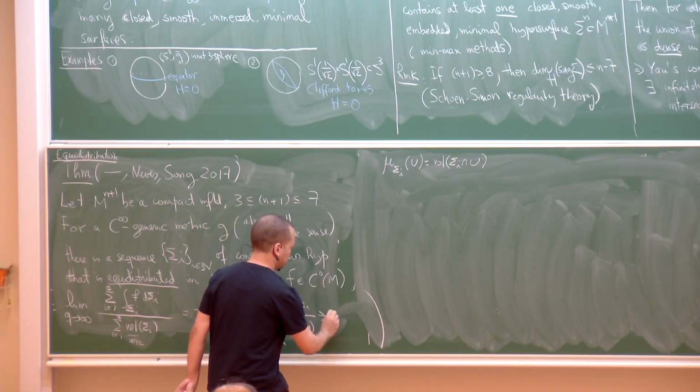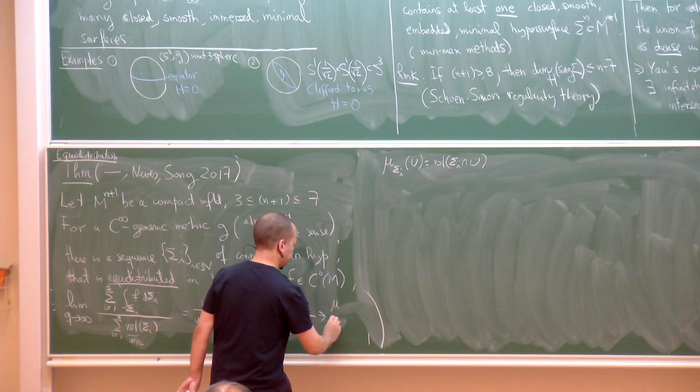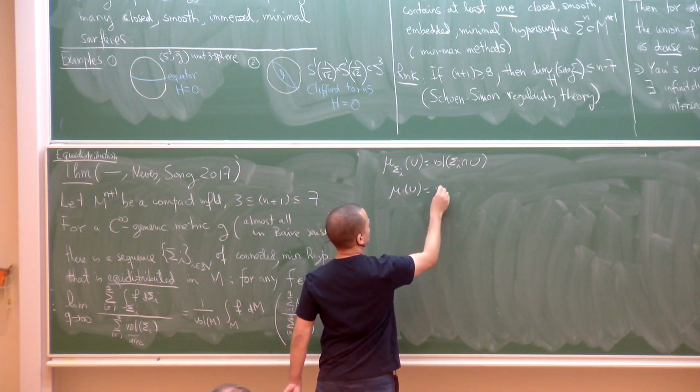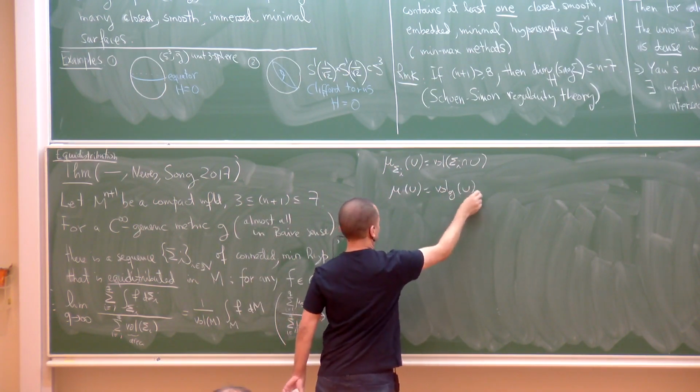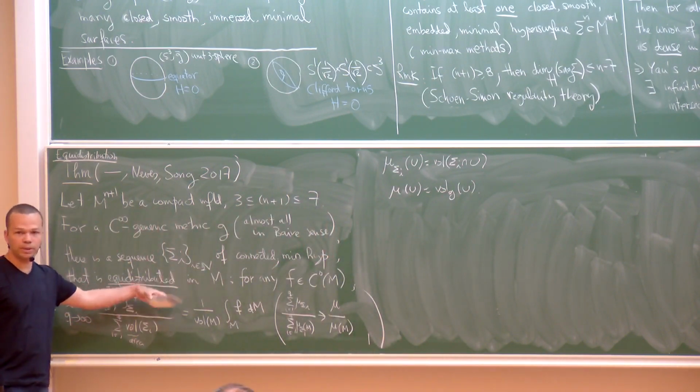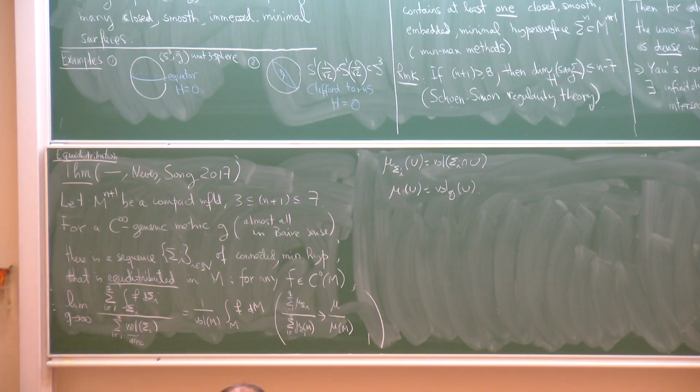This is converging to mu, where mu is just the volume measure. That's what it means to be equidistributed.